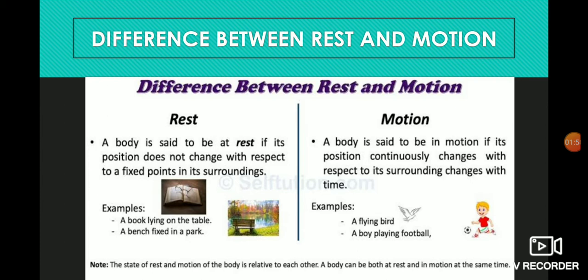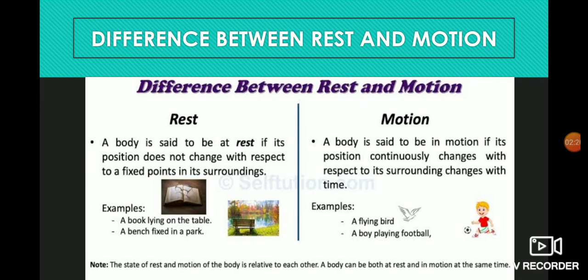Take the example of this book lying on the table. With respect to the table, the book is not moving. Similarly, the bench in a park, with respect to the lake, is again not moving. So both the book and the bench are said to be at rest.